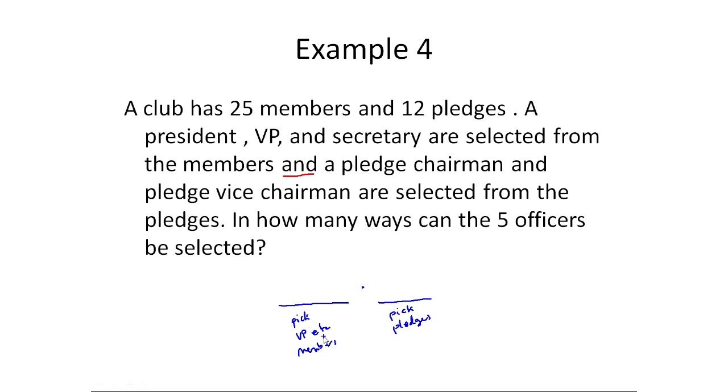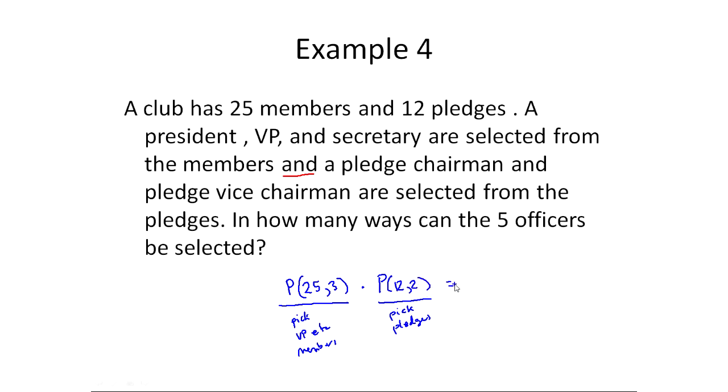Because these people that we're picking have labels on them, president, VP, etc., order matters, and there's 25 and we're picking 3. So order matters, so it's permutation, 25, 3. And so I multiply. Now the pledge chairman, pledge vice chairman, if I'm hired as a pledge chairman, it's very different than vice chairman, so order matters. There's 12 to pick from, and we're picking 2.